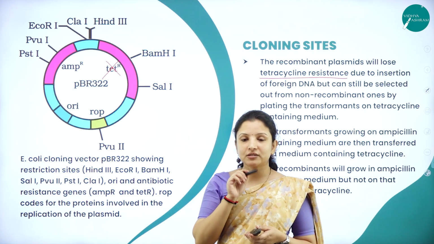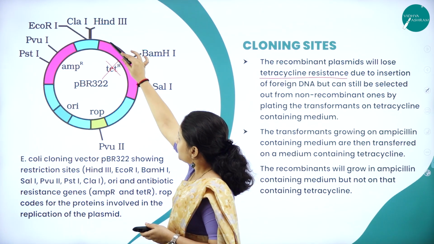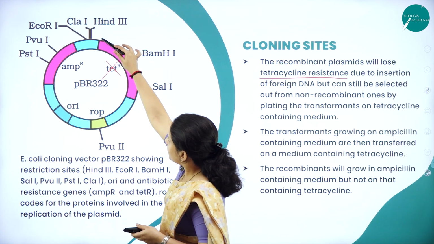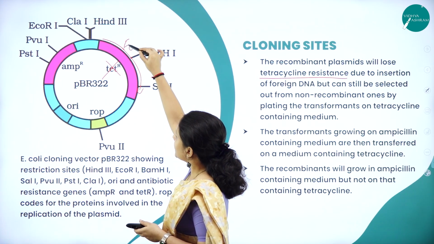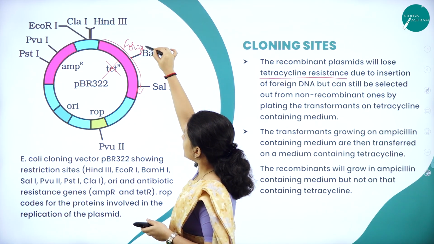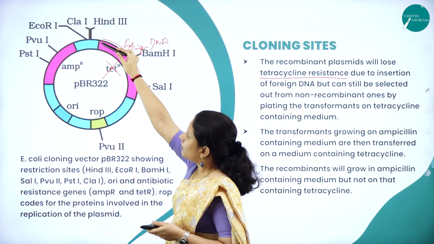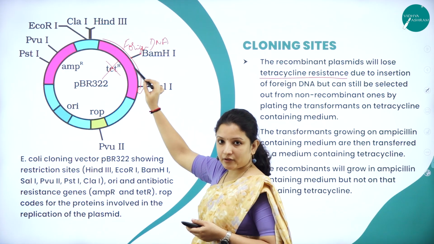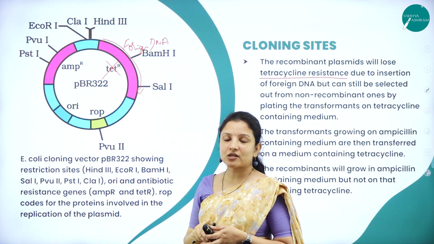Why will it lose the tetracycline resistance? Because this portion of the bacterial DNA strand was removed and foreign DNA was introduced, right? So one more DNA came and got inserted here. Now will this gene show resistance to tetracycline?